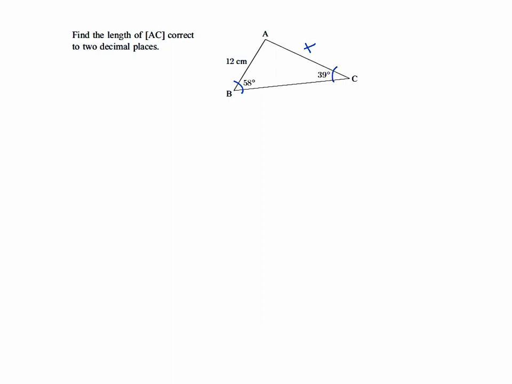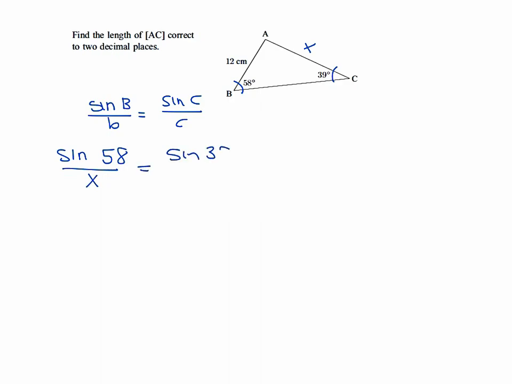So using the sine rule, we can say sine of B over b is equal to sine of C over c. By plugging in the numbers, we get sine of 58 over x, which we don't know, is equal to sine of 39 over 12.